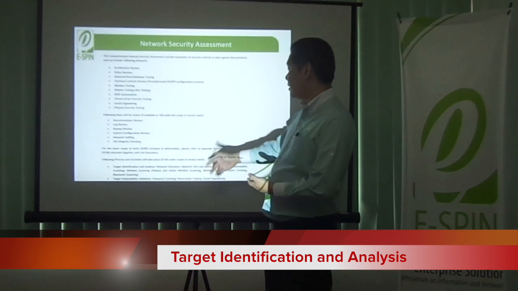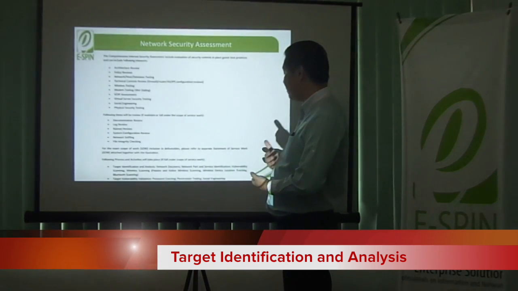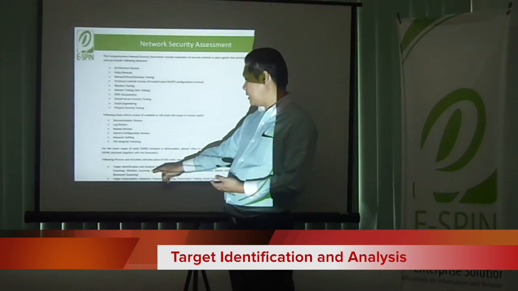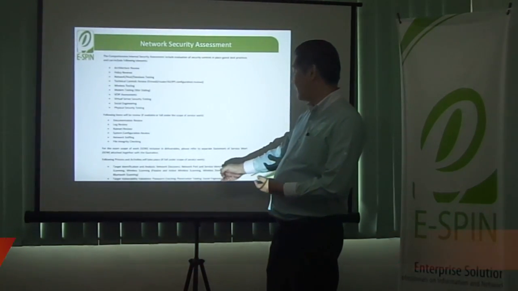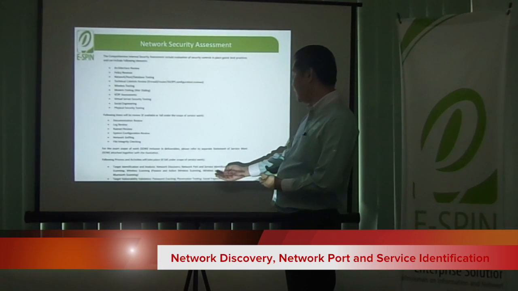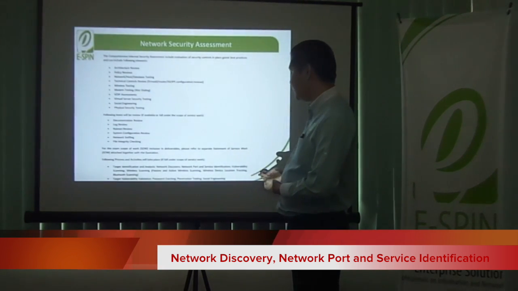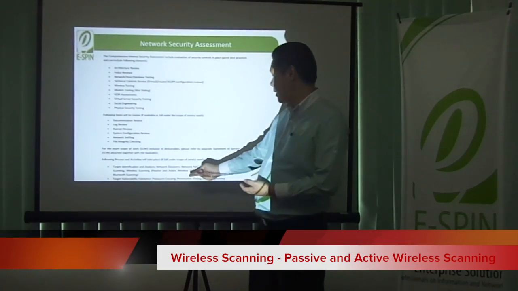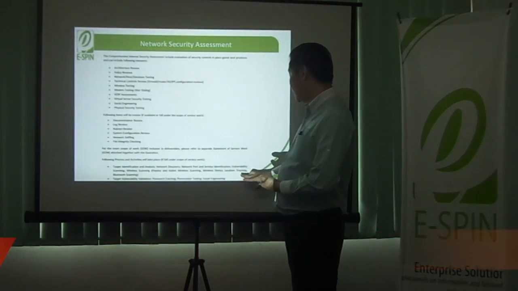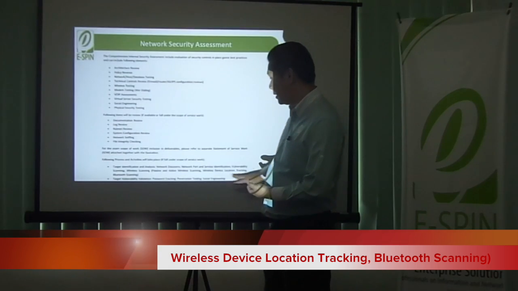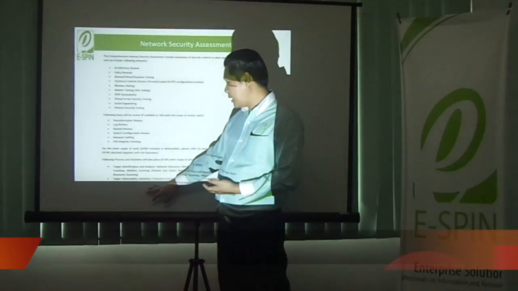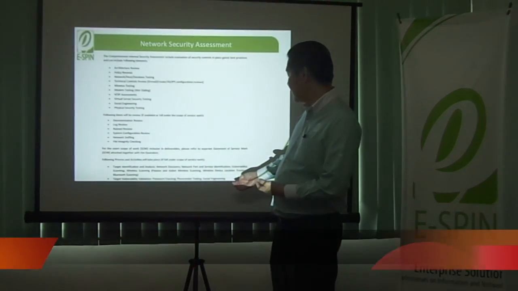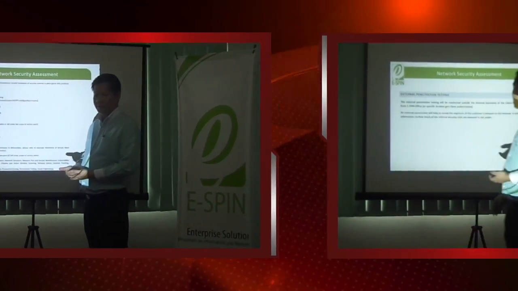The following process and activity will take place if it falls under the scope of work. We talk about the targets identification and analysis, network discovery, and the network port and service identifications, vulnerability scanning, wireless scanning, passive and active wireless scanning, wireless device location tracking, and Bluetooth scanning, target vulnerability verification, password hacking, penetration testing, social engineering.